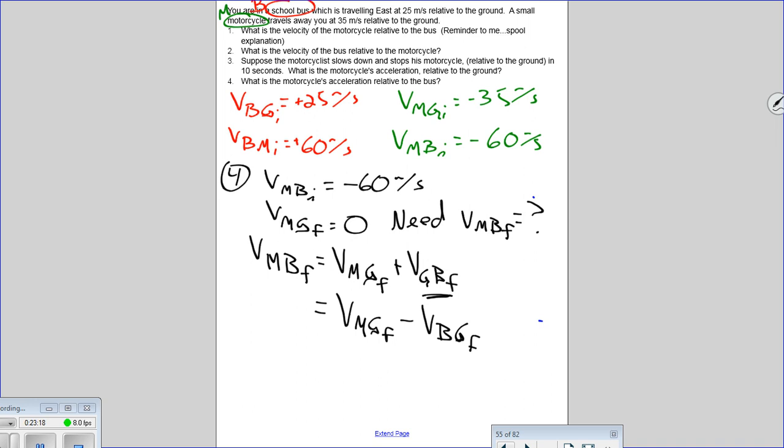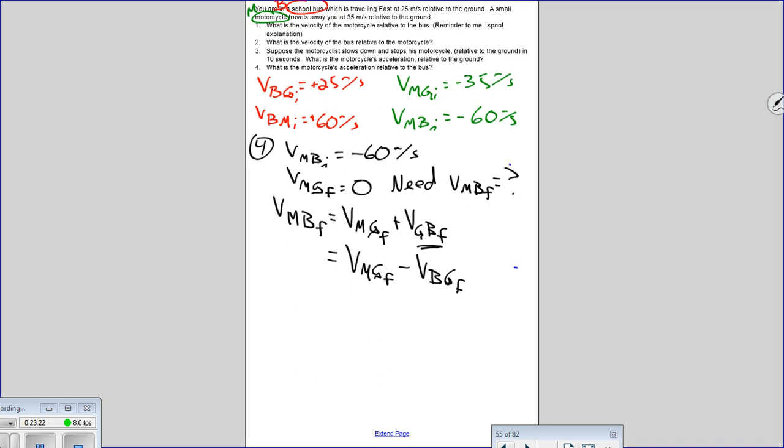All right, so let's see what we get. The velocity of the motorcycle relative to the ground final is 0 minus the velocity of the bus relative to the ground final, which is still 25, right? So there we go. There's the velocity of the motorcycle relative to the bus final.